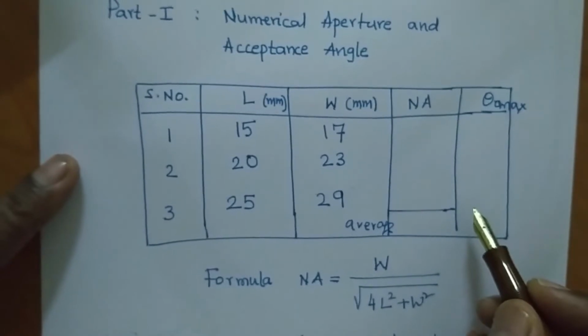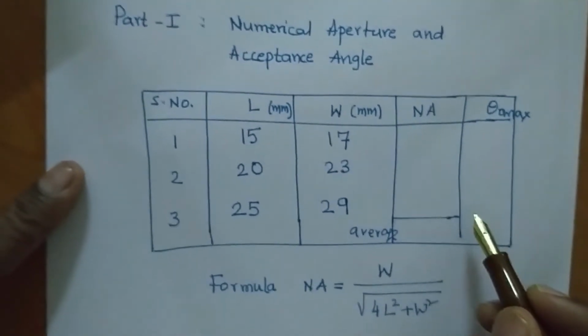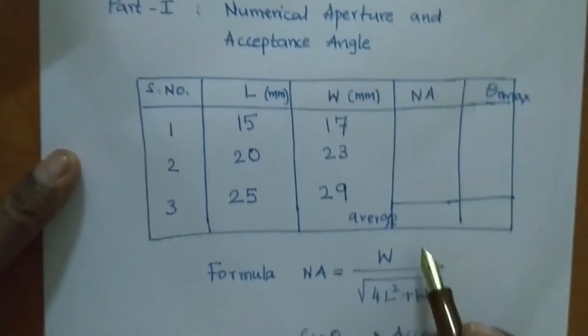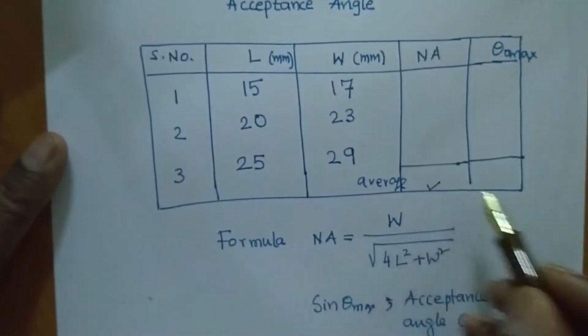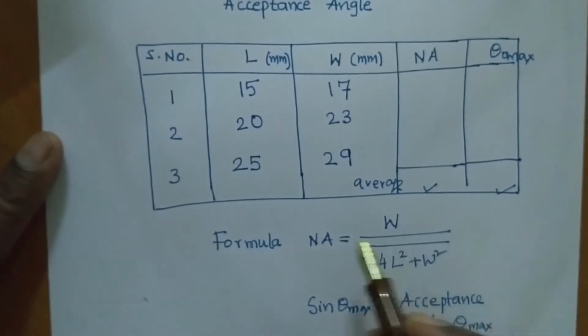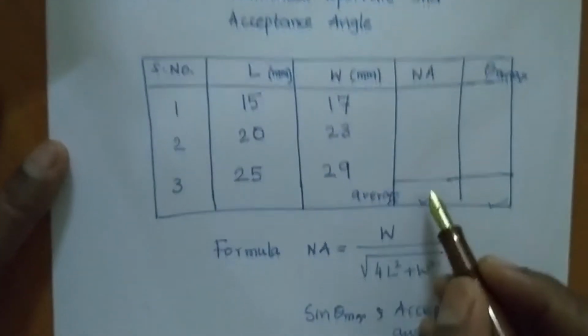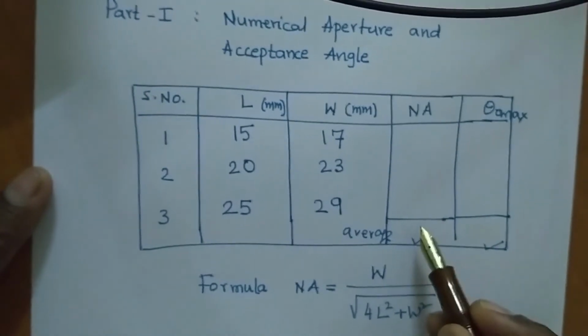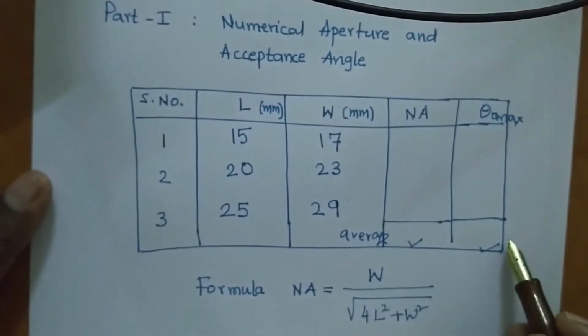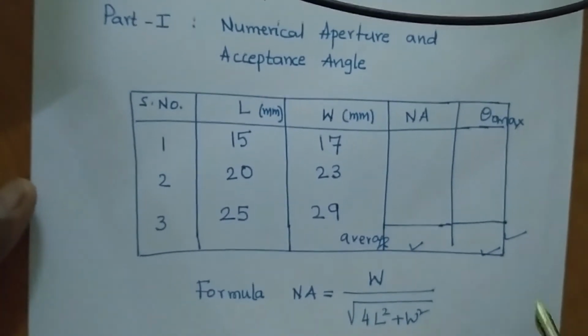For a given fiber, the acceptance angle is constant. Therefore, you take the average value. You should write these average values in the result: the numerical aperture of the fiber is the value you calculated, and the acceptance angle of the fiber is this. We have to note it from the result point of view.